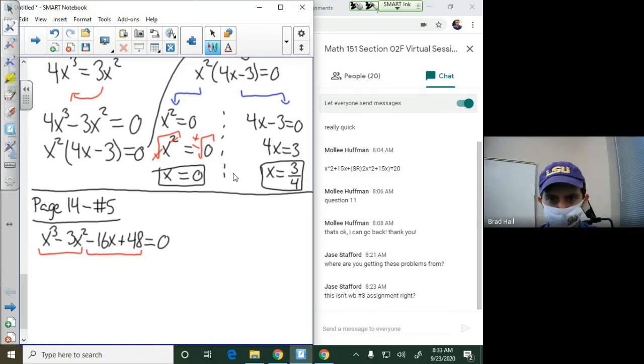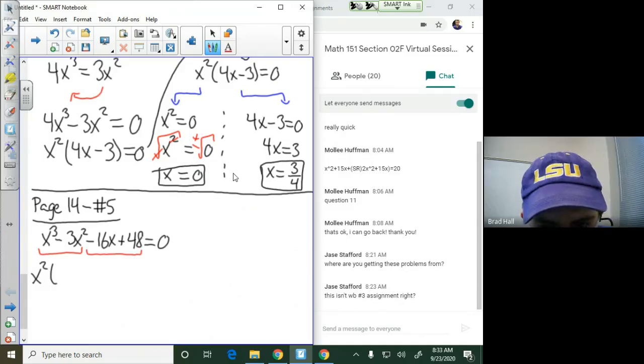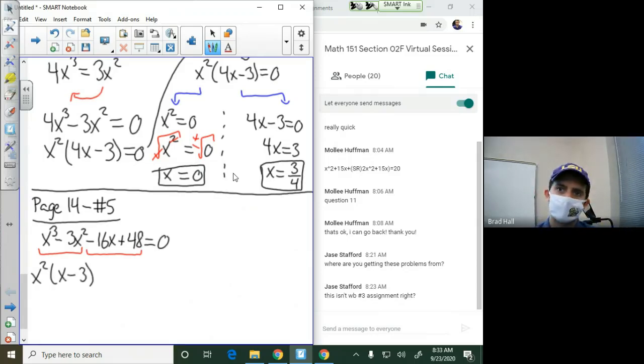So with the first grouping that I have, they both seem to have x squared in common. So we can factor out x squared. We're left with x minus 3. So we better factor out something on the other problem such that x minus 3 remains.